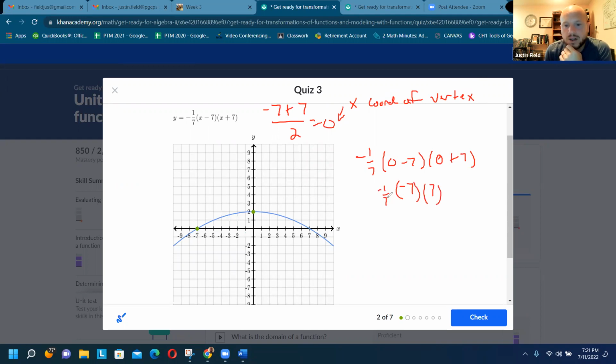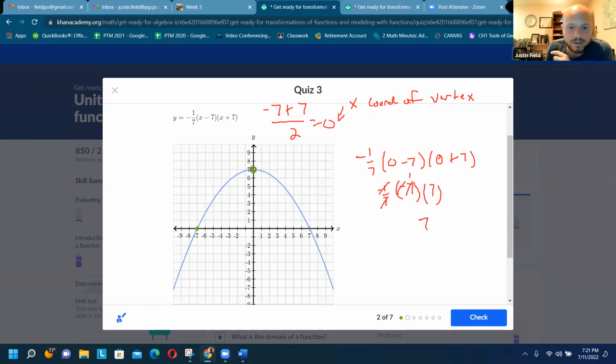Just doing some quick math there, it ends up just being 7. So that means that I have to go up 7. Still works out. My zeros are in the right spot. Now my vertex is in the right spot. Doesn't look right to me though, that would be up at 7. I feel like it's at 1.